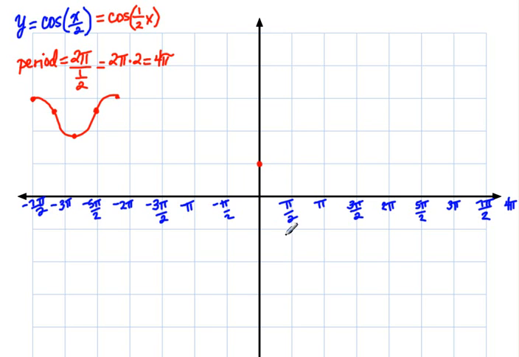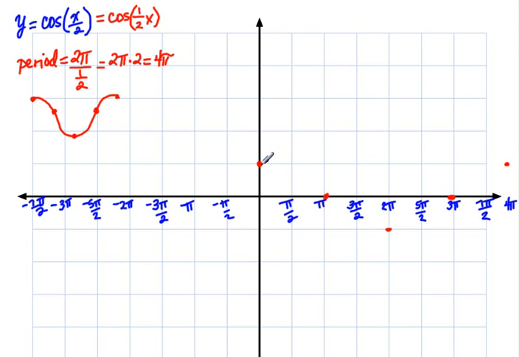Well, then where does this cycle end? Well, it ends at 4 pi units. So at 4 pi units, we're also going to have 1. At 2 pi units, which is halfway between 0 and 4 pi, it's going to reach its minimum, which is -1. And then in between those points, it's going to reach its zeros. So at pi and 3 pi, we have zeros.